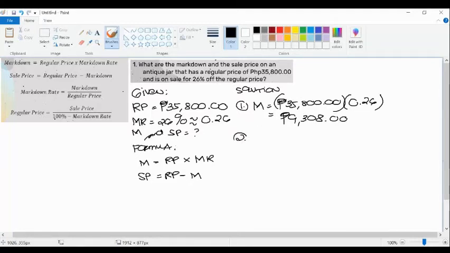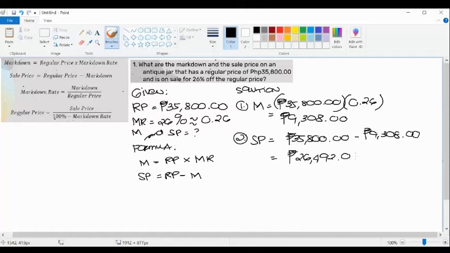And let's compute for the sale price. So the regular price is 35,800 pesos minus 9,308 pesos. That would be your sale price. That is 26,492 pesos.